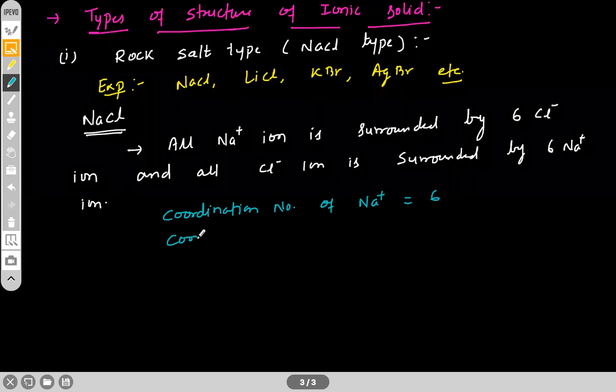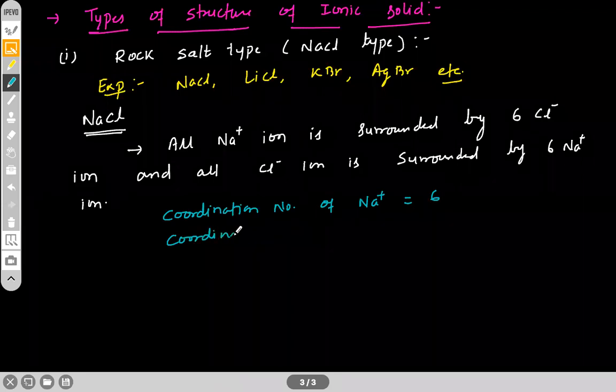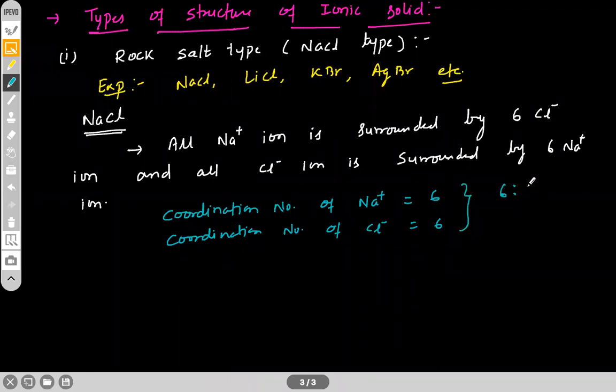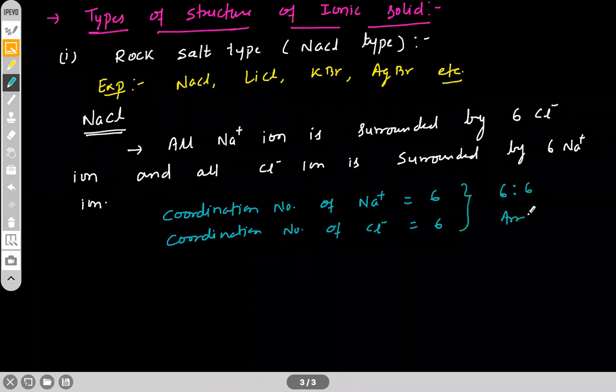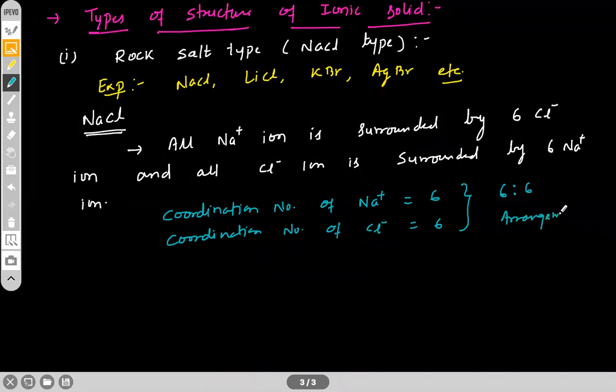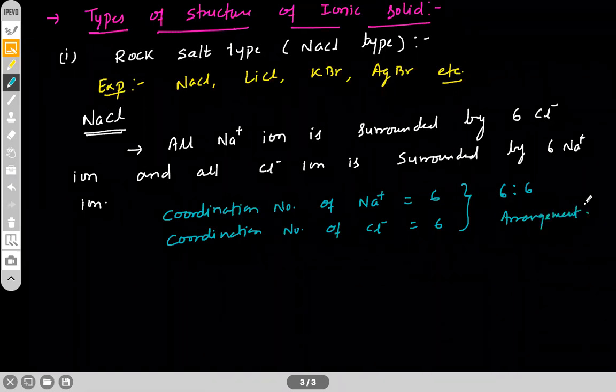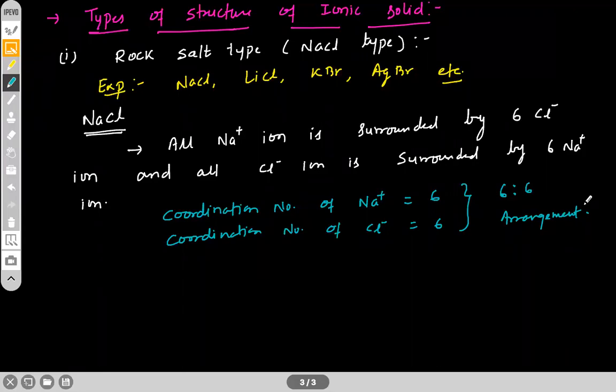Coordination number of each Cl minus is also 6, and hence we call it 6:6 arrangement. This question they have asked many times in the exam, what kind of arrangement is this? So it is 6:6 arrangement.